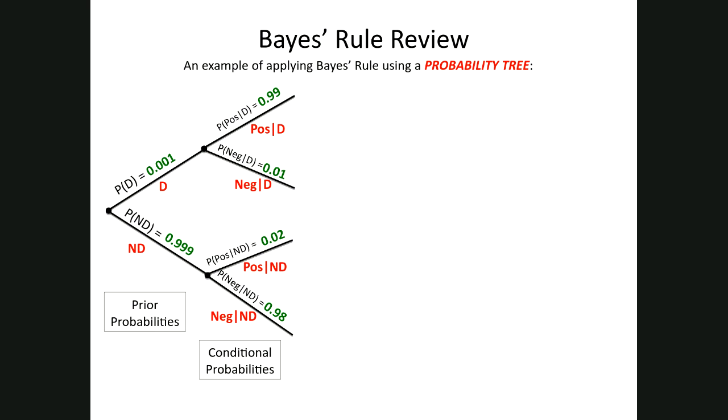And these probabilities are called conditional probabilities, right? And so that's just by definition.